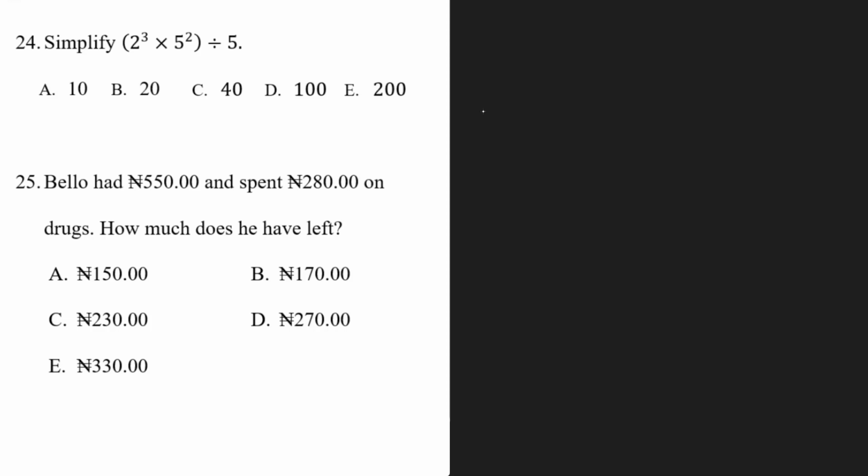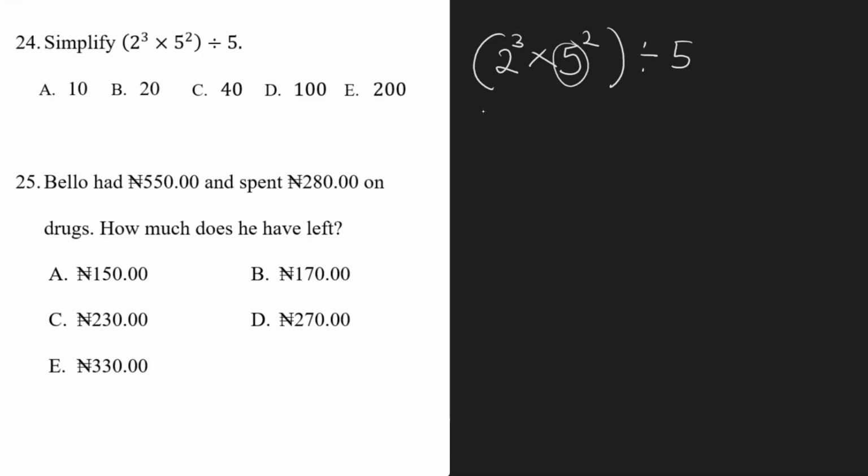Alright, question 24 says, simplify (2 raised to power 3 times 5 raised to power 2) divided by 5, right? So remember that 2 raised to power 3 is not 2 times 3. It's simply 2 in 3 places.